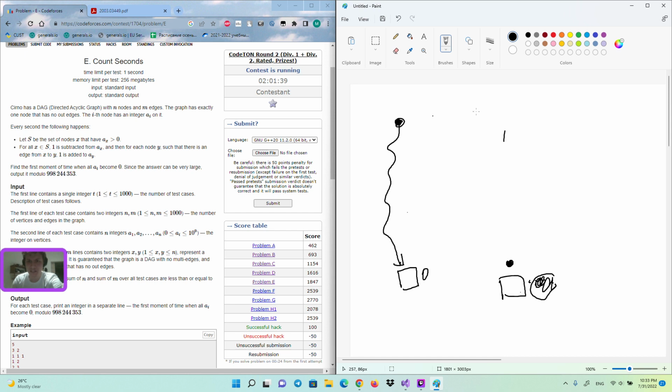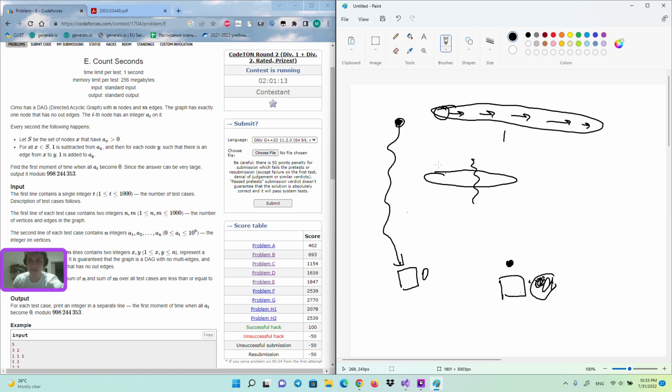Firstly, I guess we can consider the topological sorting in this order, and we know when this vertex becomes empty. Let's assume that we know when all these vertices become empty, and when does this vertex become empty?